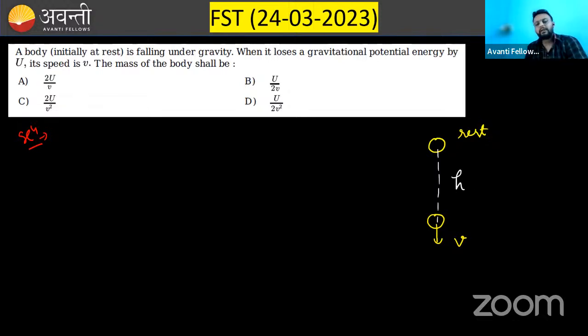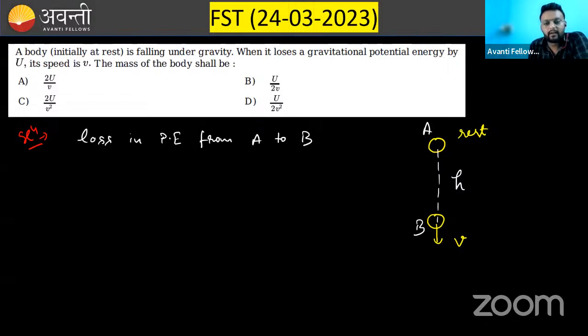Clear? Now, let's suppose this is point A and this is point B. So the loss in potential energy from A to B, what will be the loss? You will say U is equal to mgh. This is the loss in potential energy.